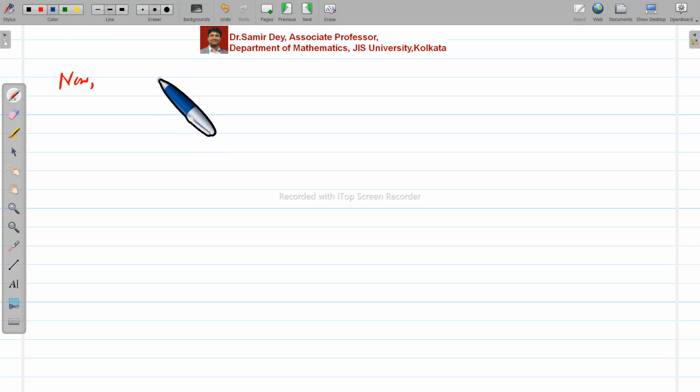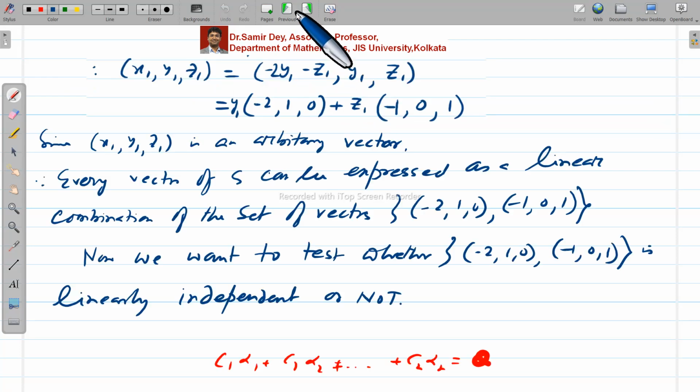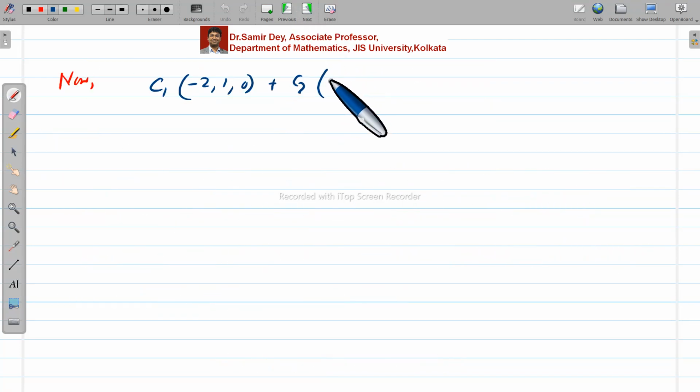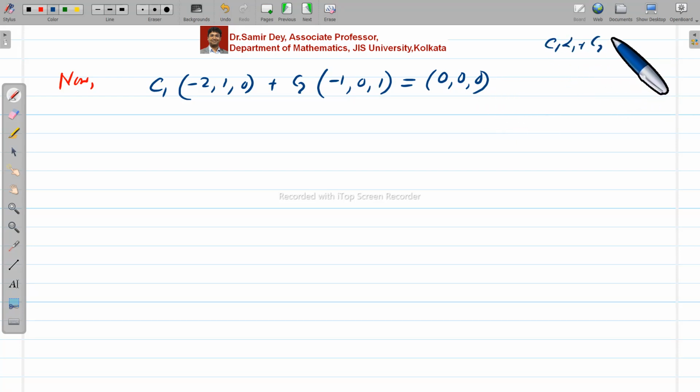Now C1 (-2 1 0) plus C2 (-1 0 1) is equal to theta. Theta means 0 0 0. Basically, already you know C1 alpha 1 plus C2 alpha 2 equal to theta, where alpha 1 is this and alpha 2 is this. So from here we want to prove that if C1, C2 are coming 0, then this set of vectors is linearly independent.